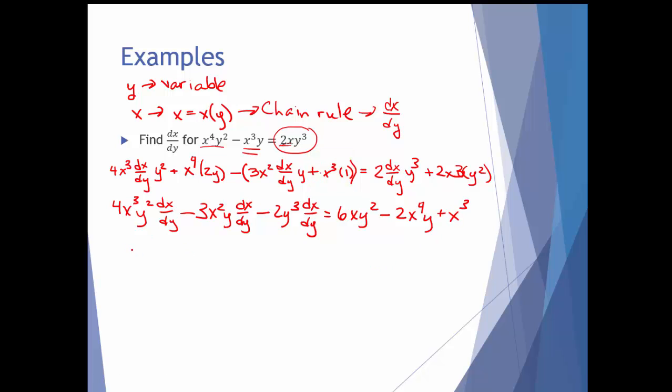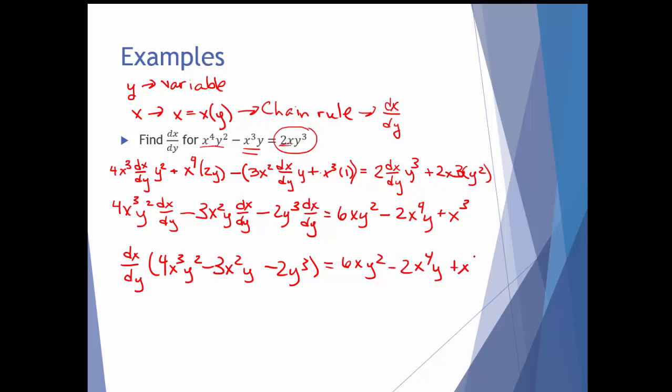Factor out my dx dy, so that dx dy times 4x cubed y squared minus 3x squared y minus 2y cubed equals 6xy squared minus 2x to the fourth y plus x cubed, and then just divide it out.